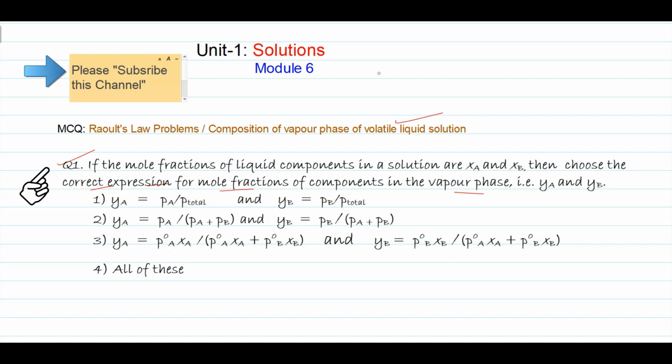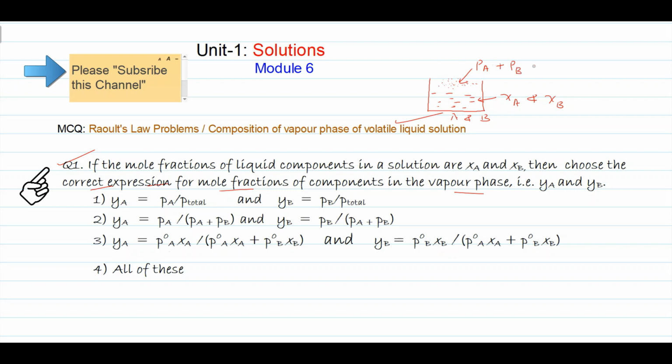While dealing with Raoult's law, we have seen a vessel containing two different liquids, A and B. In the solution, mole fraction of A is chi A and mole fraction of B is chi B. Above the solution, there are vapors of both components A and B. Component A shows partial pressure PA and component B shows partial pressure PB.